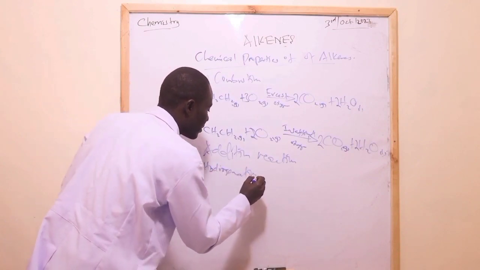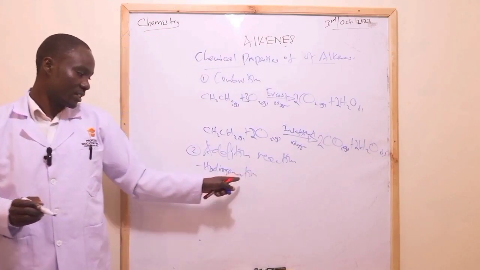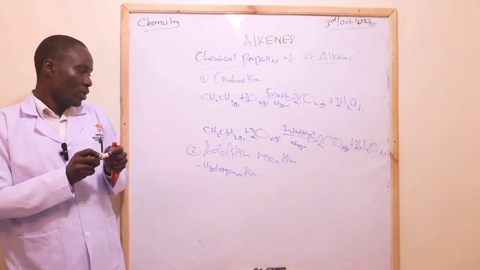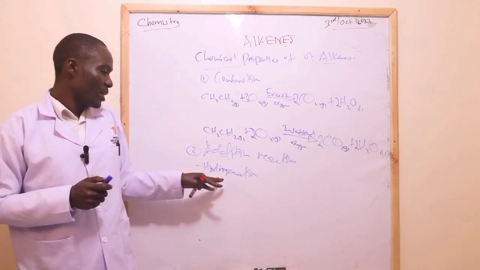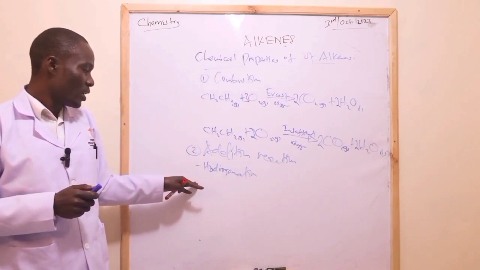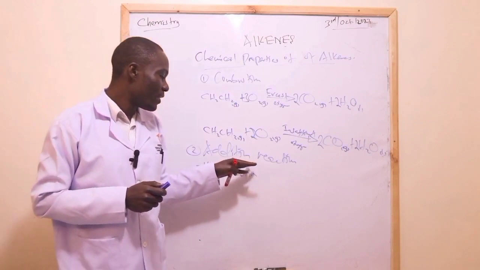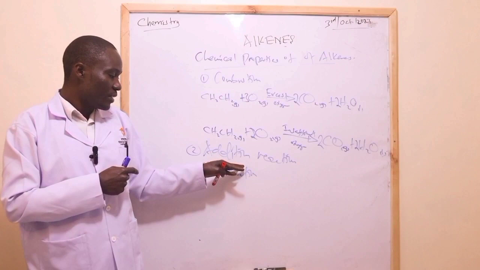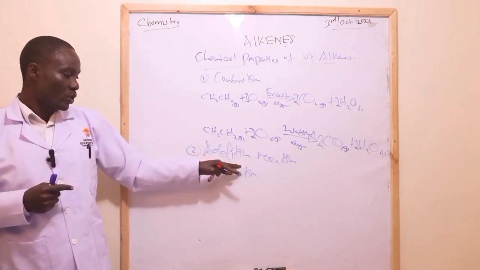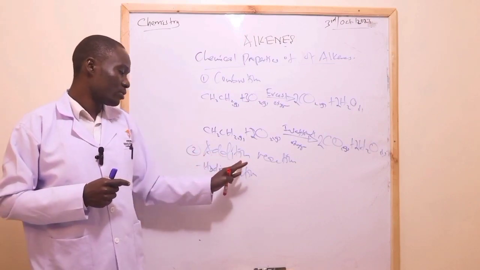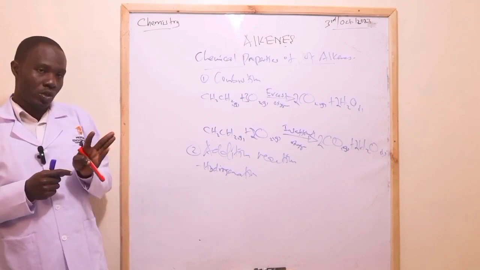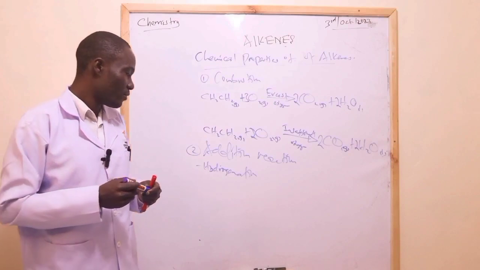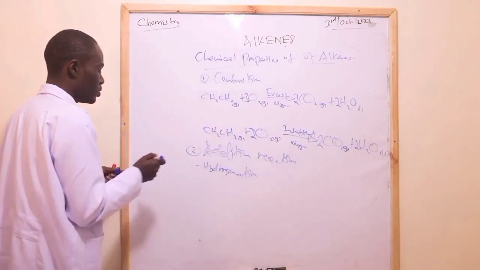Now, hydrogenation reaction involves the reaction of hydrocarbons, the alkene members, with molecules of hydrogen to form what? To form alkane members. So in this case, for instance, using ethene as the case study.